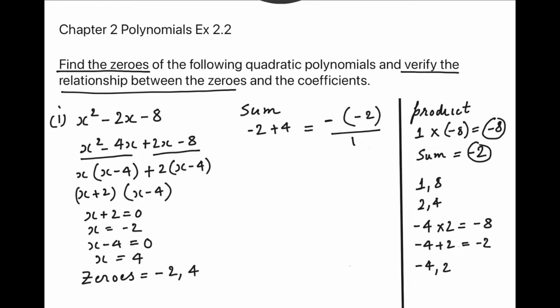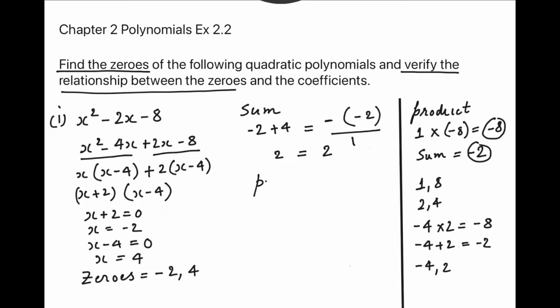So on the left hand side, minus 2 plus 4 is equal to 2, and on the right hand side we have minus into minus 2, which again becomes 2, and 2 divided by 1 would be 2. So we have proven that the sum of the zeros is equal to minus of the coefficient of the middle term divided by the coefficient of x square.